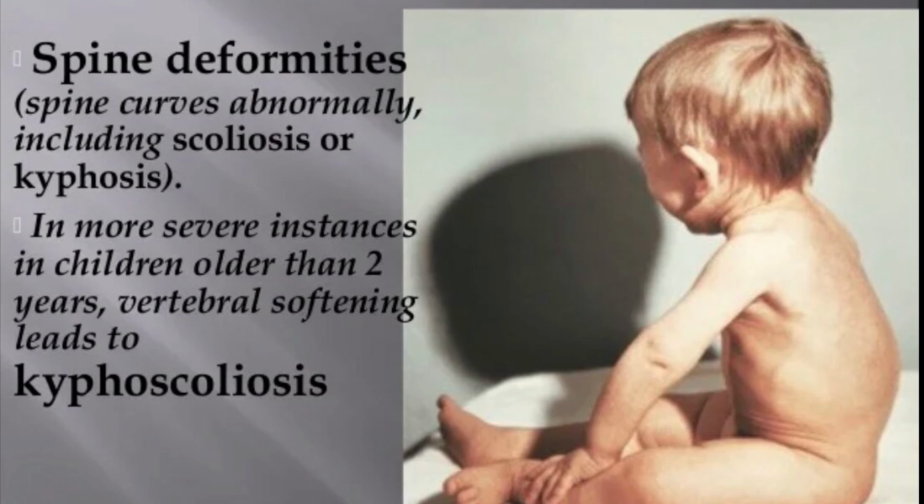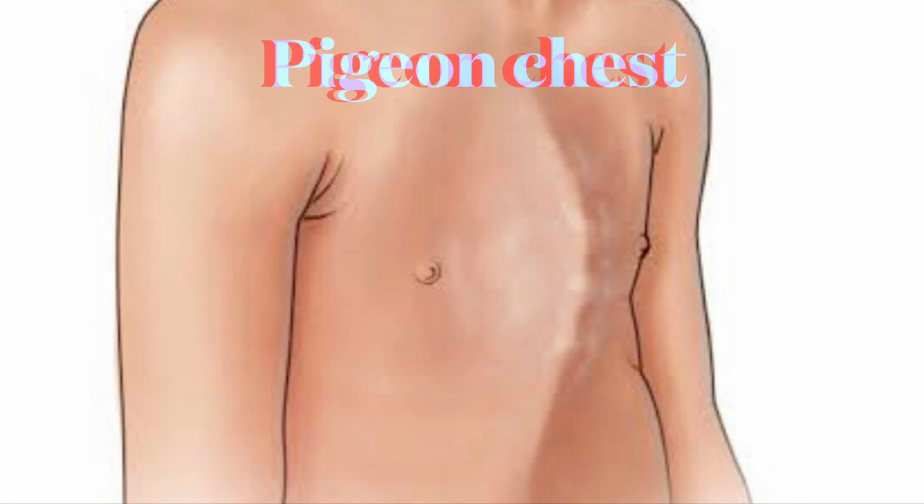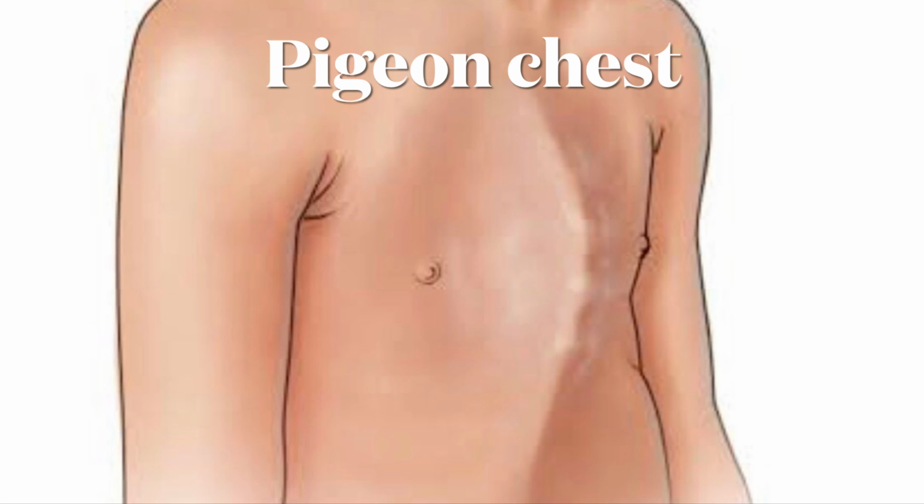This, along with forward projection of the sternum, will be the cause of pigeon chest. The pelvis becomes triradiate and the child's abdomen becomes protuberant, that is pot-bellied, because of marked muscular hypotonia. Visceroptosis and lumbar lordosis occur.